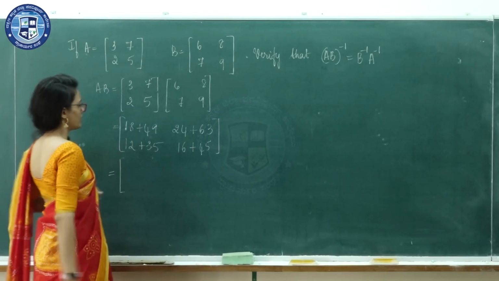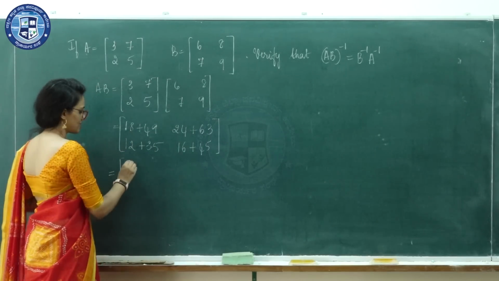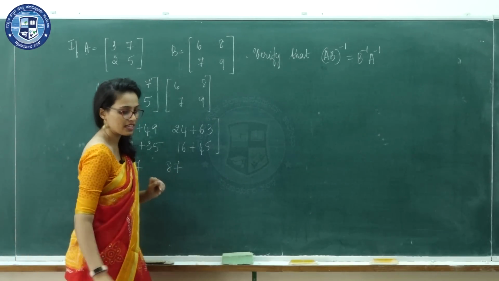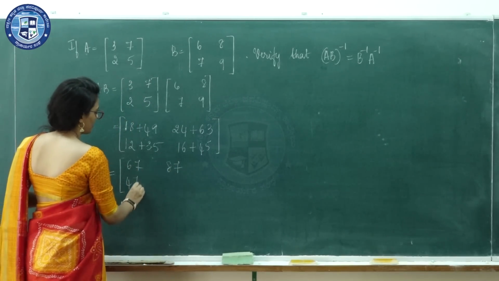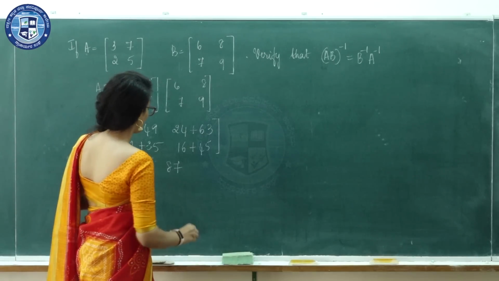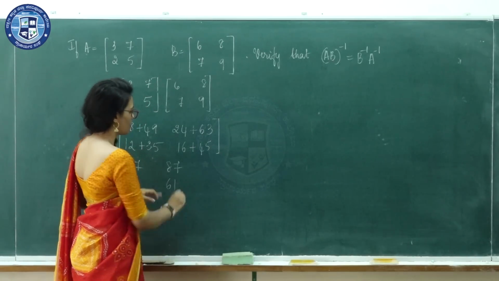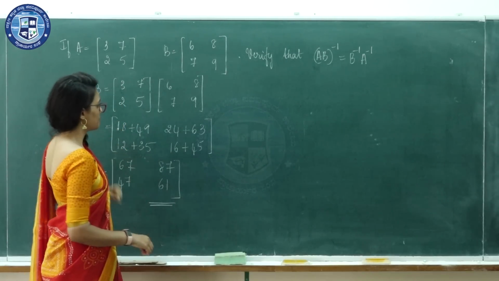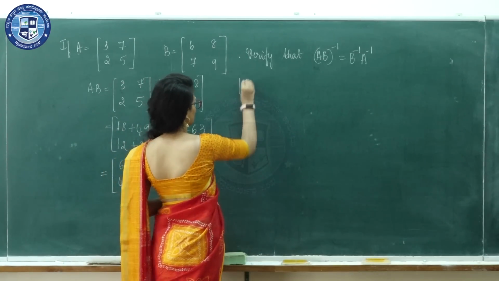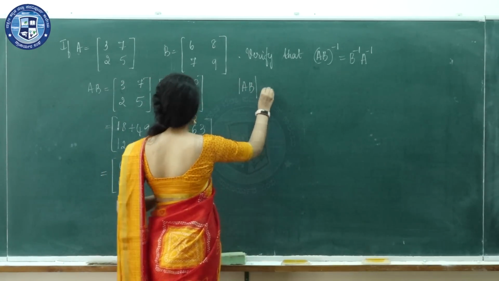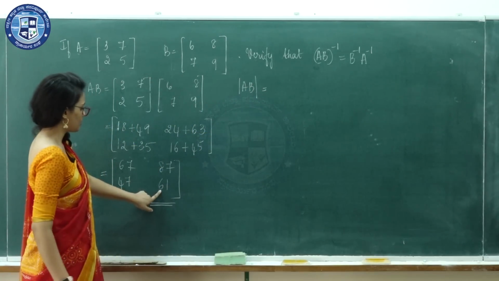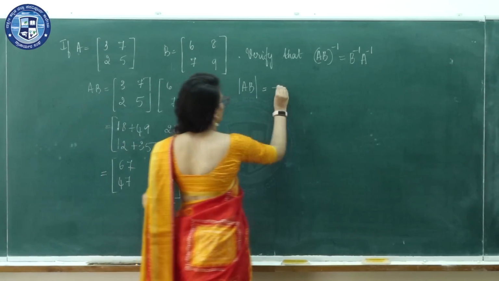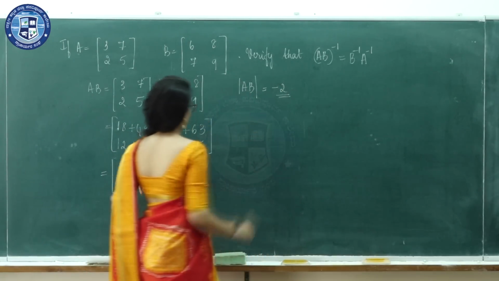We get 18 plus 49 is 67. Next 87. Next we get 47 and we get 61. So, now let us find the determinant of this. So, determinant of AB is equal to 67 into 61 minus 47 into 87. You will get minus 2 as the answer.